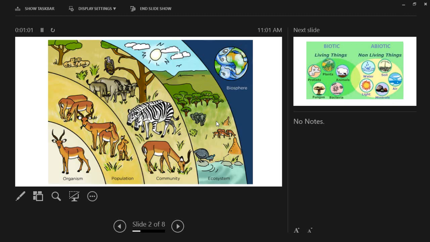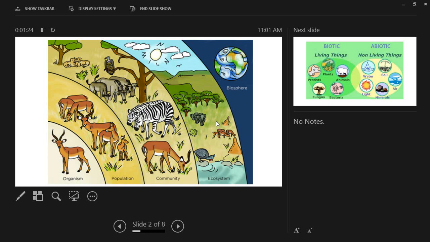So, we have an organism. We learned about organisms the other day, right? And let's say we're talking about bacteria. The bacteria is the organism. All of the bacteria together makes a population.